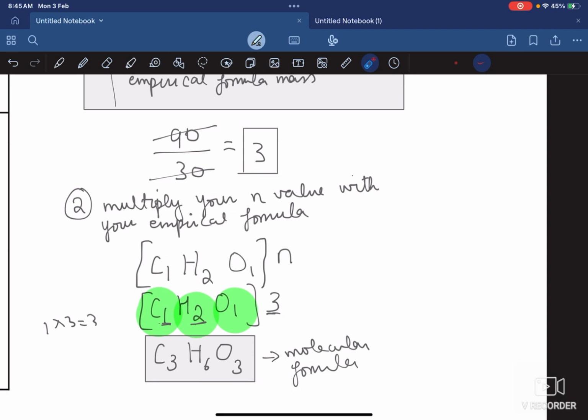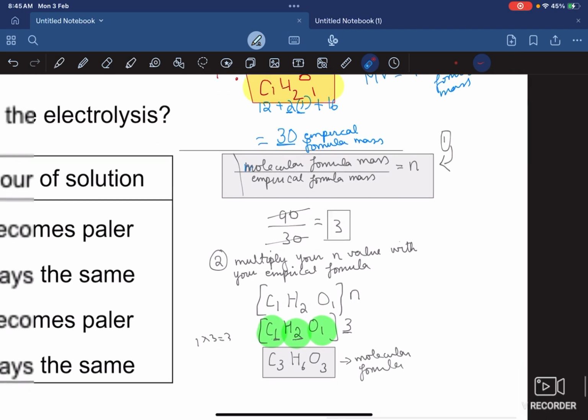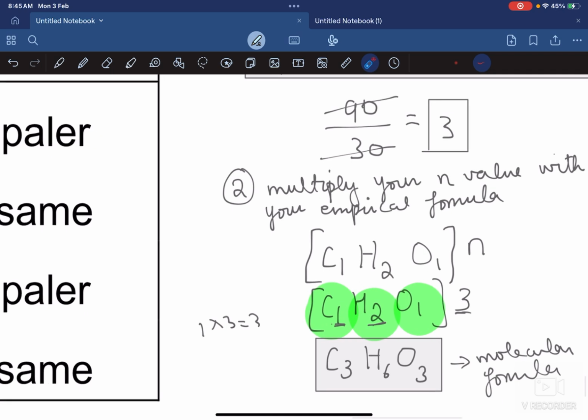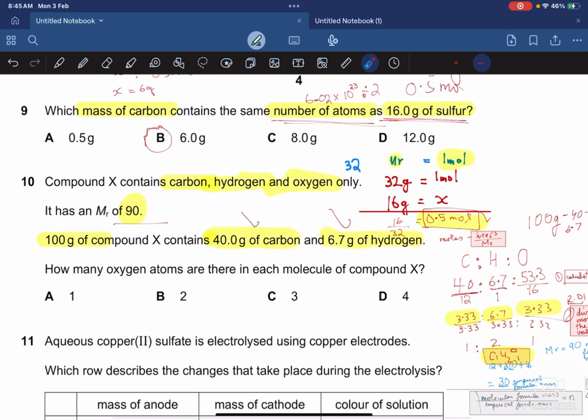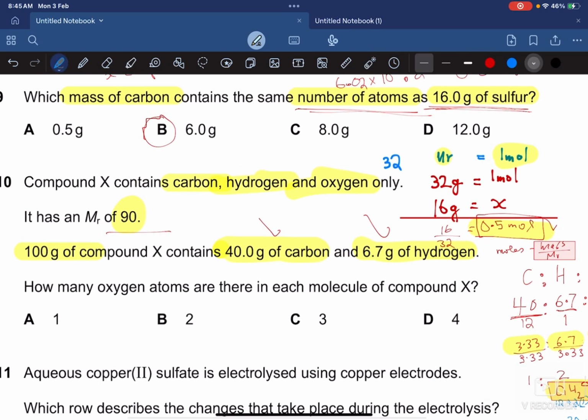Okay, once you guys are done with the molecular formula, now you have the molecular formula. You know it's C3H6O3. C3H6O3, that's your molecular formula. Let's write it down. C3H6O3.